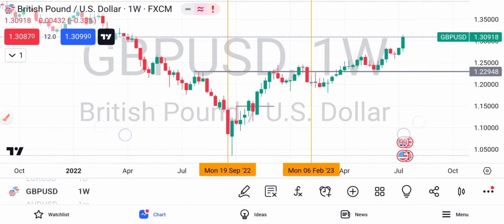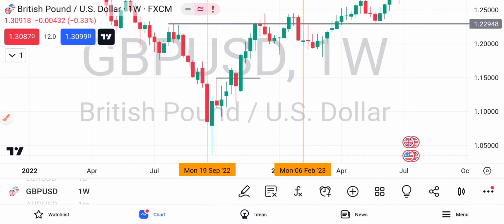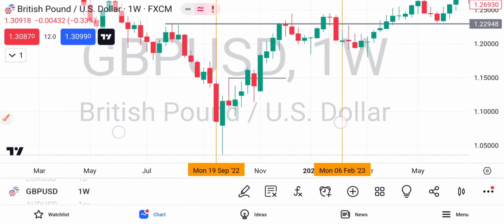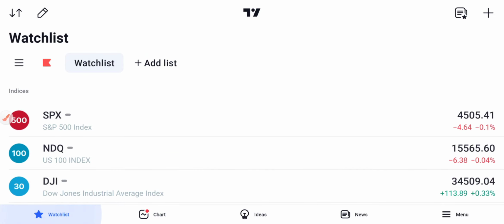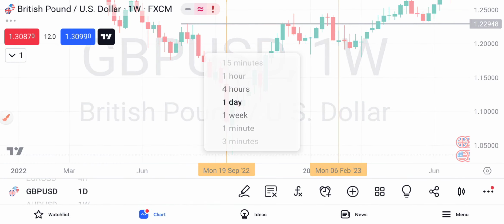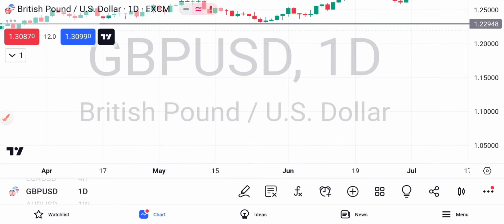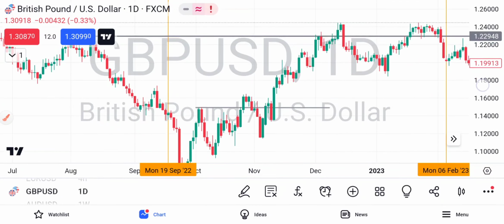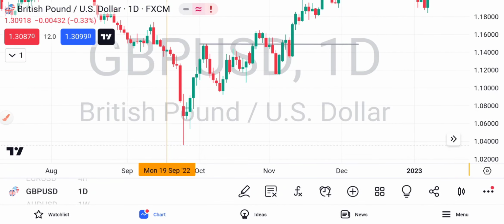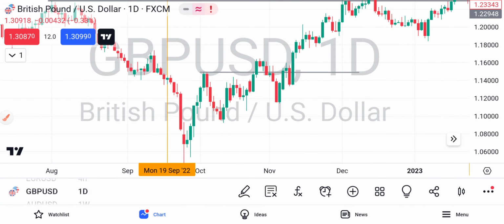See what it showed on the weekly time frame: just a red candle with a large wick. But on the daily time frame it is much more defined, showing you exactly what the market did. It went higher at first, reached a certain price, then went lower.